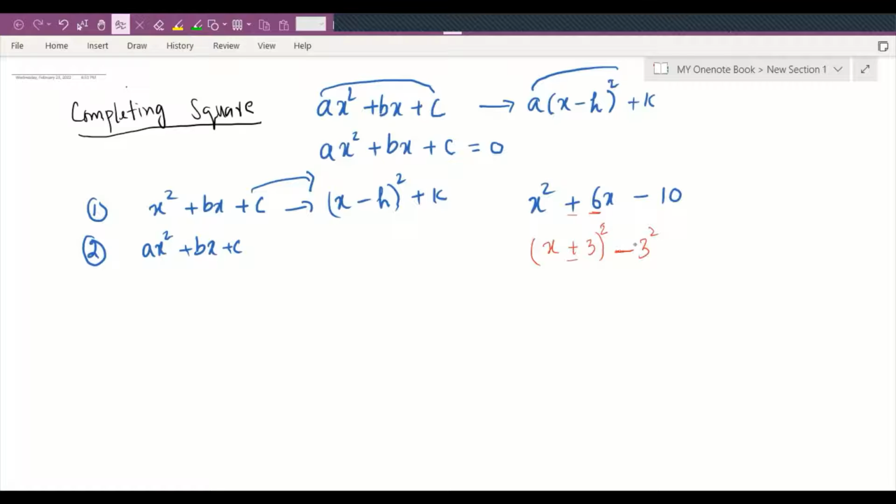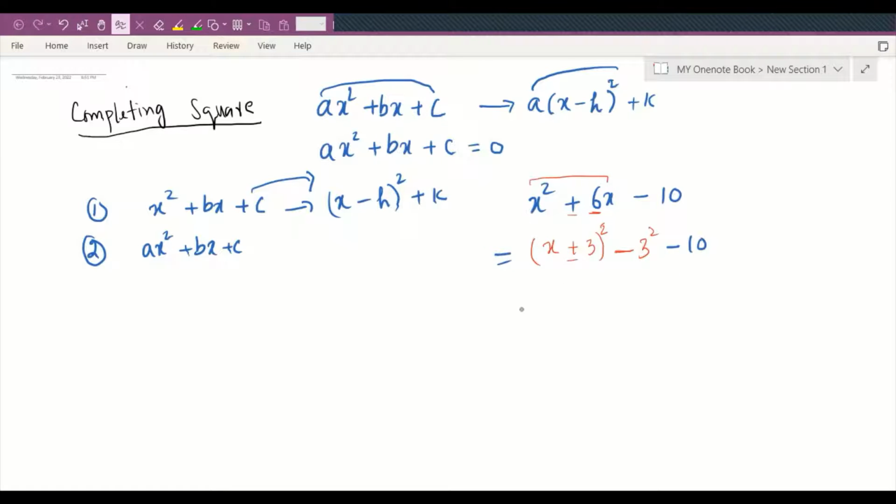Regardless of that, this will always be negative, and it is the square of the number we obtained by dividing the coefficient of x by 2. These two terms we use, then the next term is minus 10 as it is. This minus 10 is brought down.